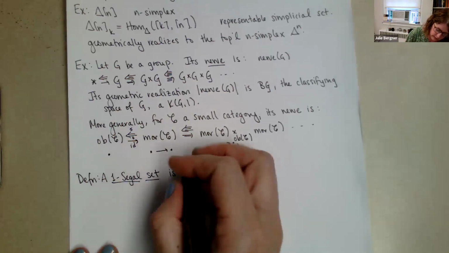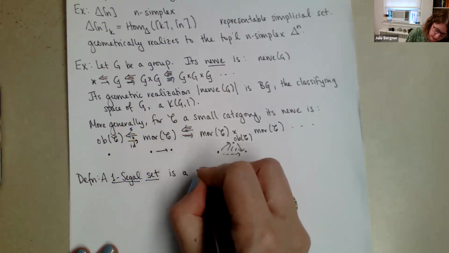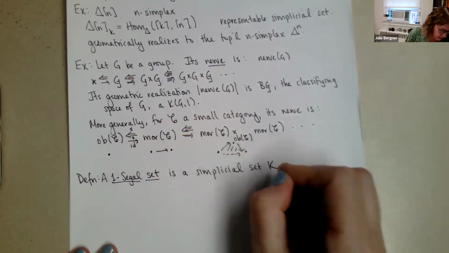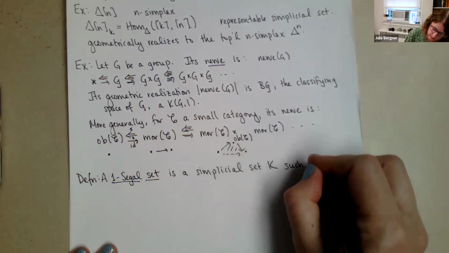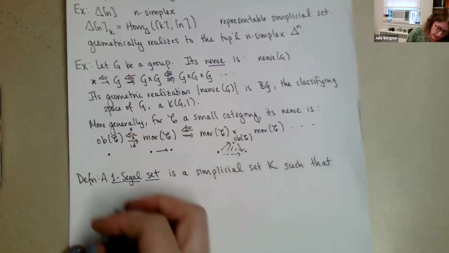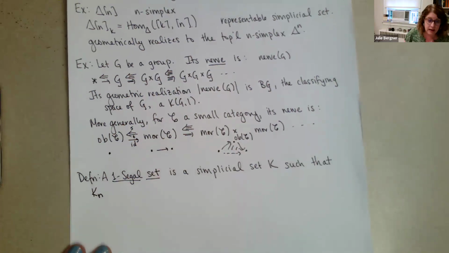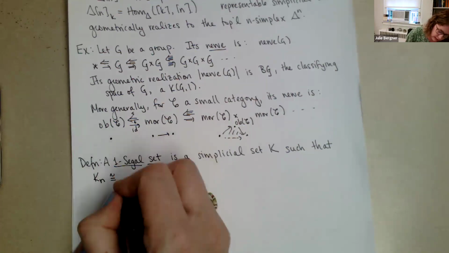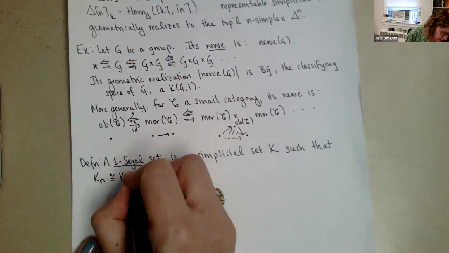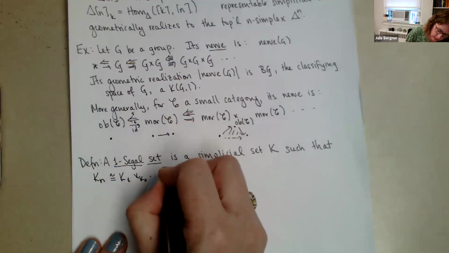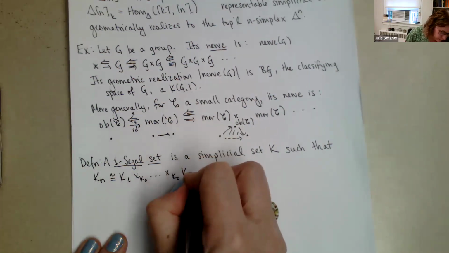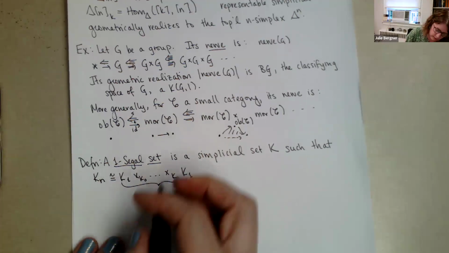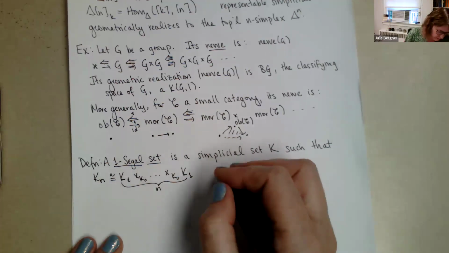A 1-Segal set is a simplicial set K such that if I take K_n, the set of n-simplices, this looks like an iterated pullback of n copies of K_1 glued along K_0.